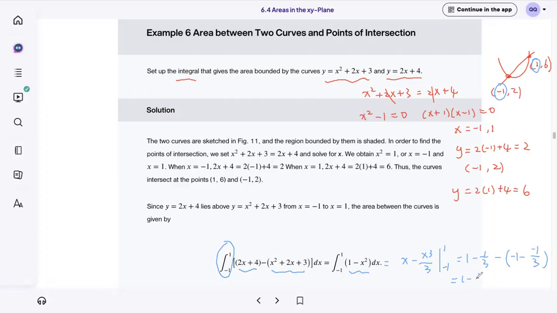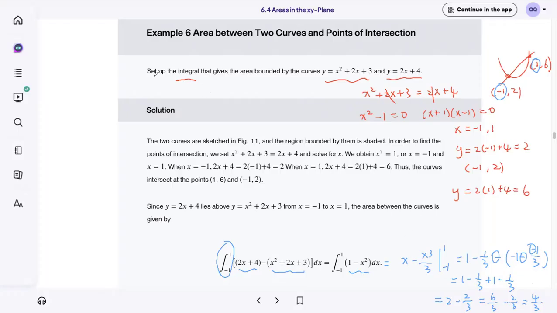So 1 minus 1/3, minus minus becomes plus, so 1 plus 1 is 2, and minus 1/3 minus 1/3 is minus 2/3. So 2 minus 2/3. 2 is 6 over 3, so that's 4 over 3.